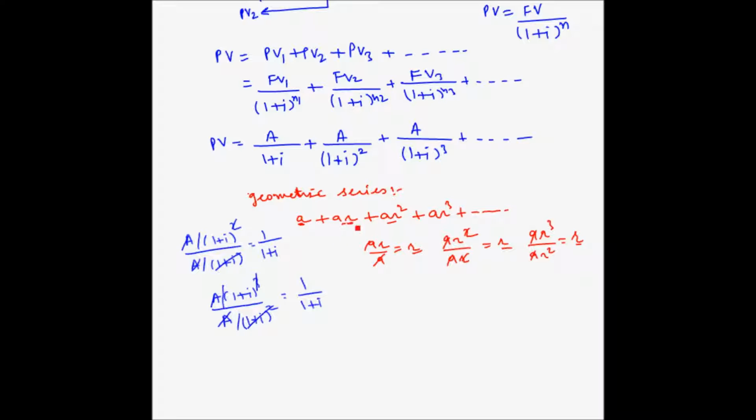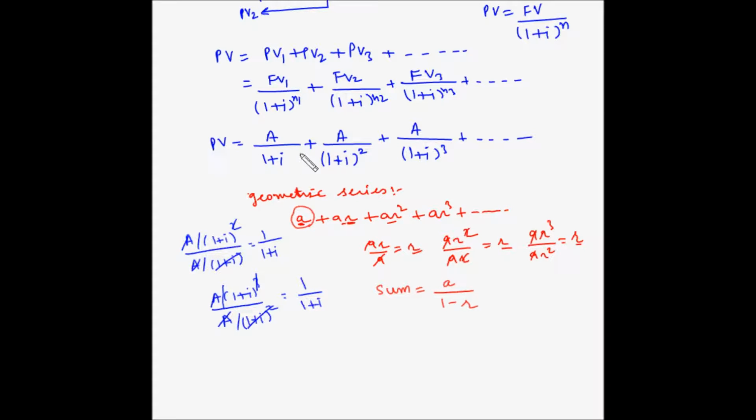Now in case of a geometric series like a plus ar plus ar square plus ar cube and so on, a is the starting number of the series and r represents the ratio. So in that case, if the series is infinitely large, then the sum of this series is a divided by 1 minus r.